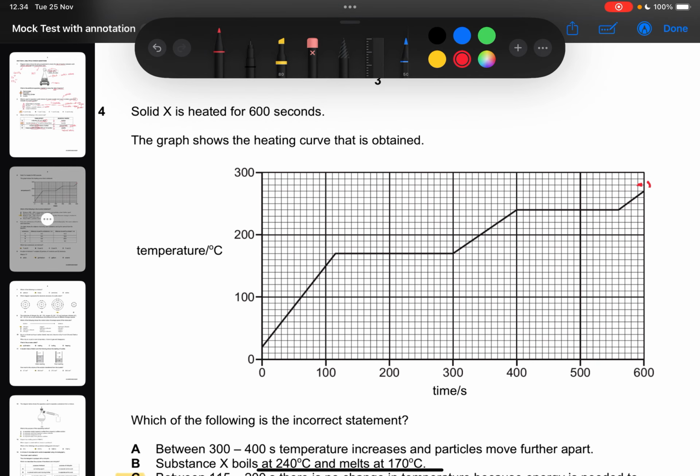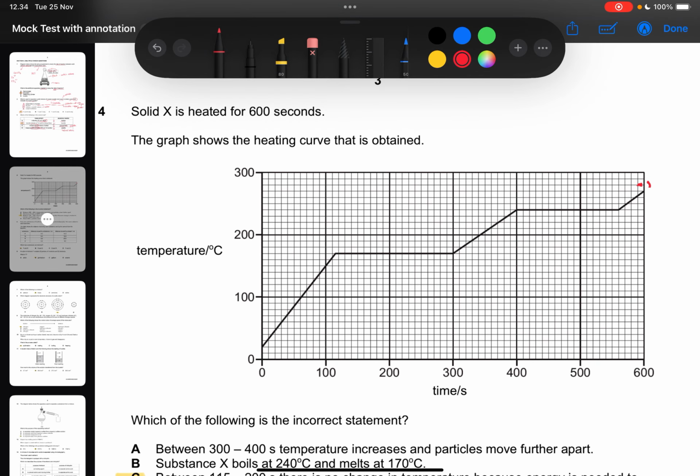Then our boiling point is at this temperature. This is the temperature where X will start to boil, and it will be around 240 degrees. So based on the graph, those are the information that we can gather.